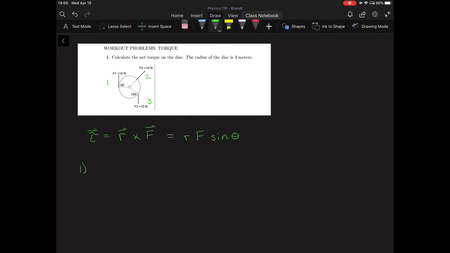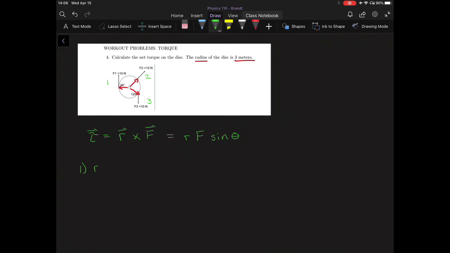So our R, we know that the radius of the disk is 3 meters. So that's going to be consistent for all of these because we know that at the edge of the disk is where all these forces are. So in all cases, the R is going to be 3 meters.